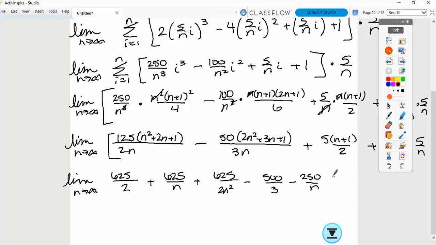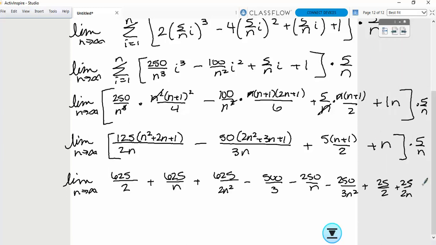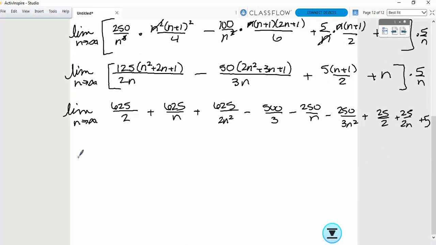This one, the 3 n's would drop, so we get 250 over n minus 50 times 1 times 5 over 3n times n. 5n over 2 times 5 over n, so we get 25 over 2 plus 5 over 2 times 5 over n. And then n times 5 over n is 5. Alright.